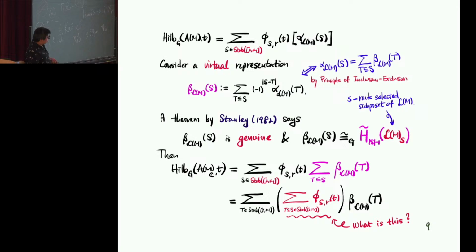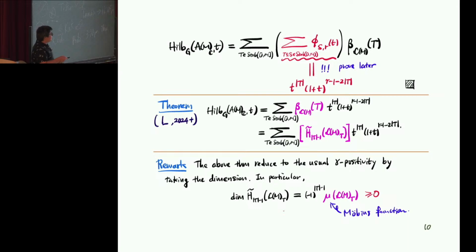For any beta with a fixed t, we're summing over all the subsets S that contain t, but also have no consecutive integers inside. And what is this thing? It's kind of surprising that this weird sum is exactly equal to this. We will show it later. But from here, we basically found that the gamma expansion for the equivariant Hilbert series is just these things.